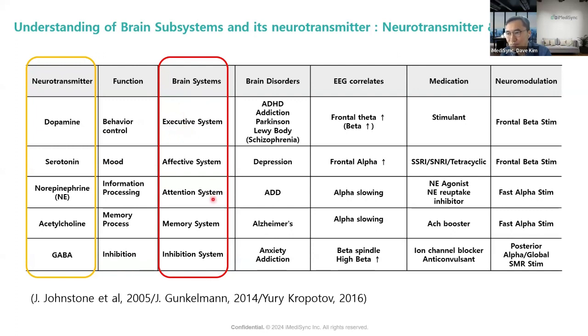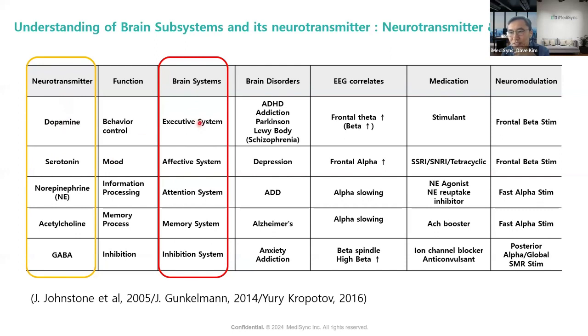So our brain is basically an attention system, memory and affective system, executive system, and basically an inhibition system. So the inhibition system is mediated by GABA, the memory system by acetylcholine, the attention system by norepinephrine, the affective system by serotonin, and the executive system by dopamine.